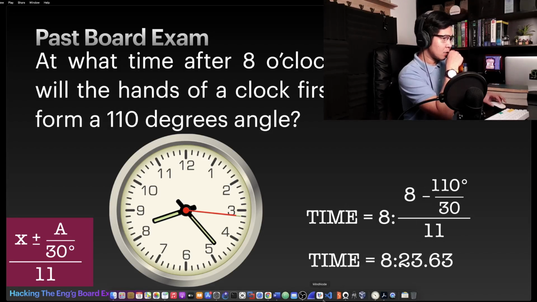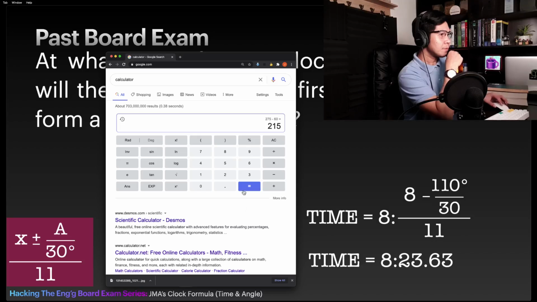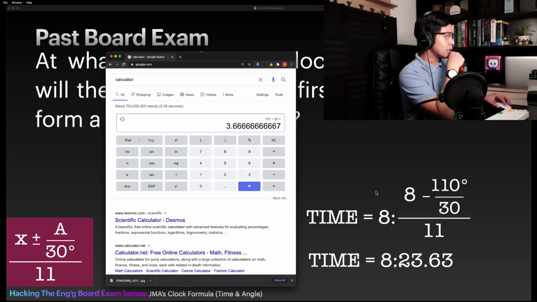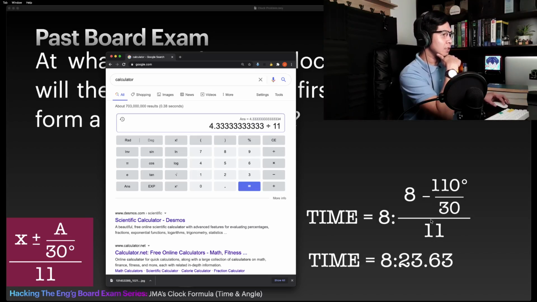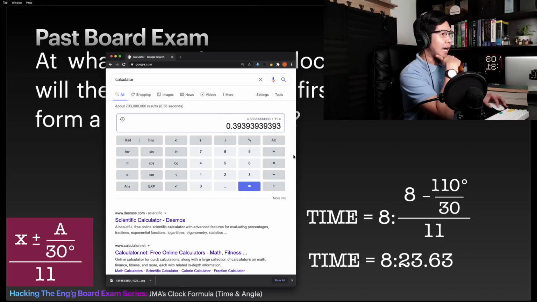So, lumalabas, kung i-compute natin siya, that's 110 degrees divided by 30. And then, yung 8, ima-minus natin yung ratio. So, that's 4.3. And then, we divide it by 11. So, i-divide natin dito. Ayan yung value niya.